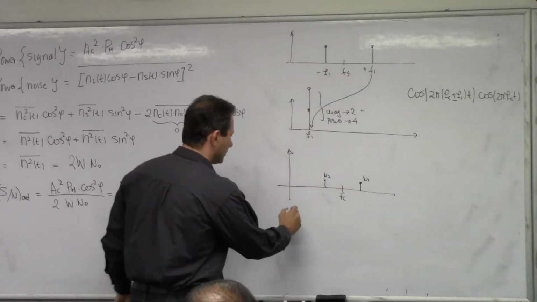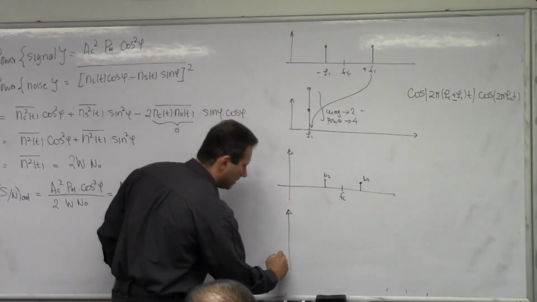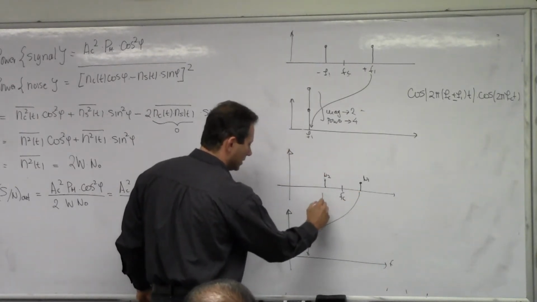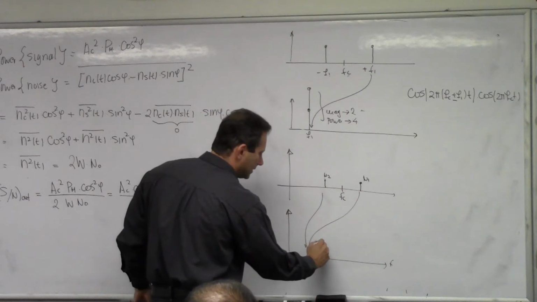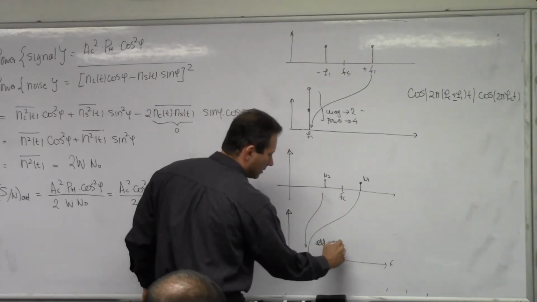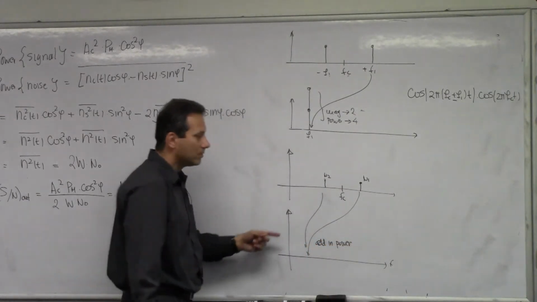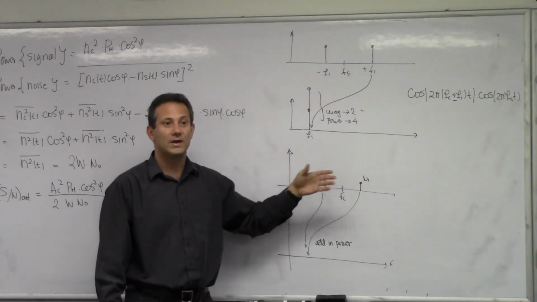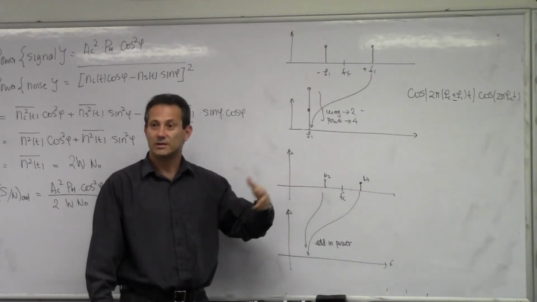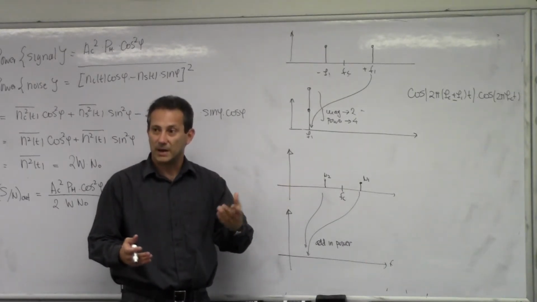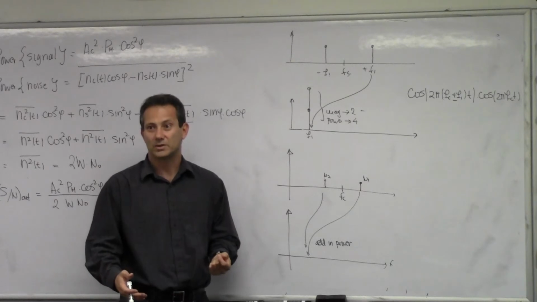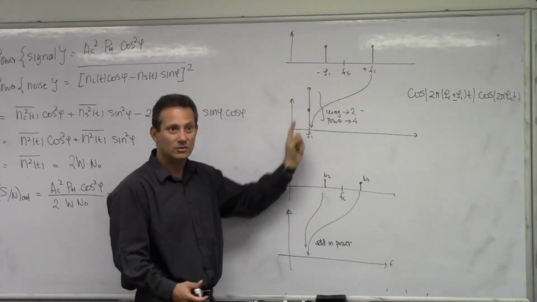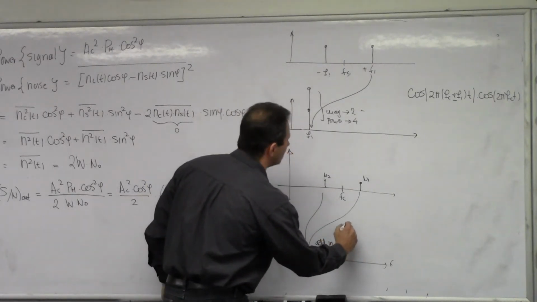So although both of them will map to the same position, this one will go here, and this one will go here, they will add in power. Why do they add in power? Because they're not coherent. They have a random phase relative to each other, so they're independent, and their power is the sum of their individual powers. So here the power goes up by 4 because you add in magnitude. Here the power goes up by 2.